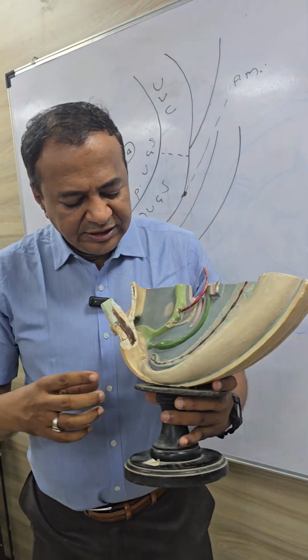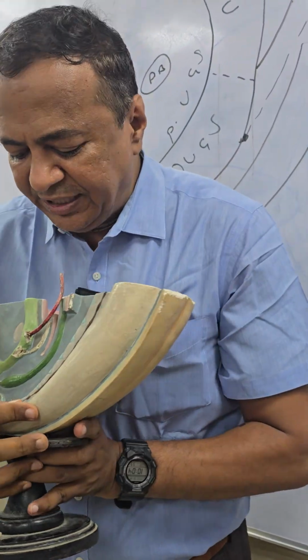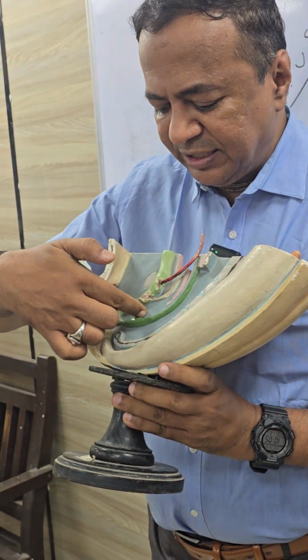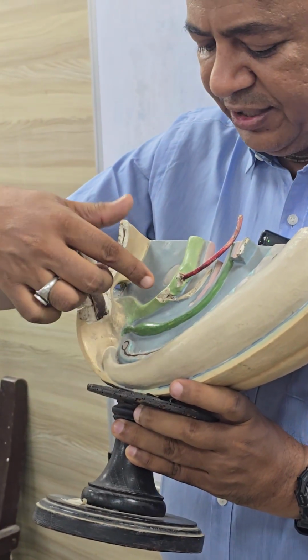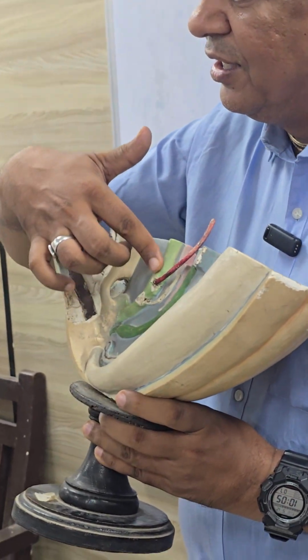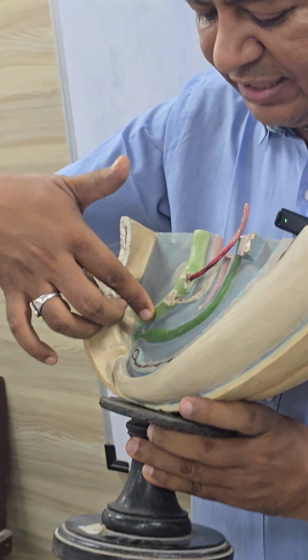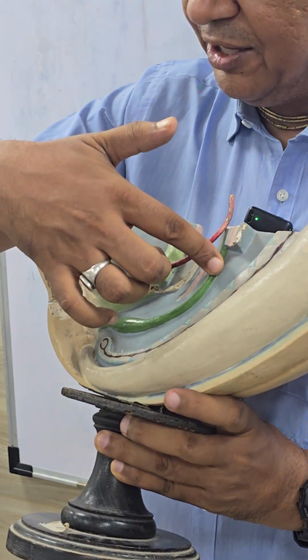Okay, so in this specimen what you are seeing is this septum has now divided the primitive cloaca into two parts, anterior primitive urogenital sinus and this is rectum.